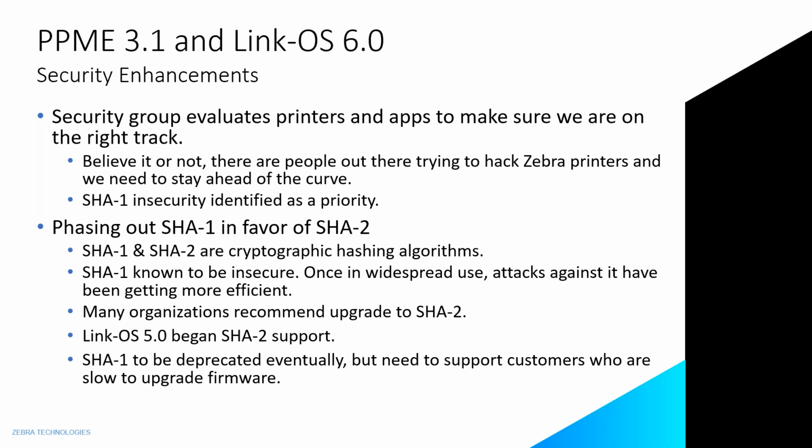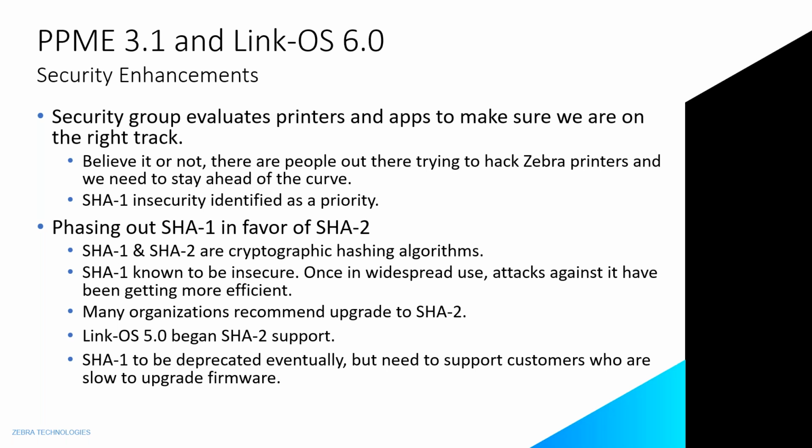Not to mention that if you're using out-of-date security practices, it's not exactly the best look if you're trying to sell applications. So what has come out of that group is that we are using SHA-1 certificates, and that has been identified as a security priority. In case you don't know what SHA-1 or SHA-2 certificates are, it is a cryptographic hashing algorithm, and it goes into creating certificates.